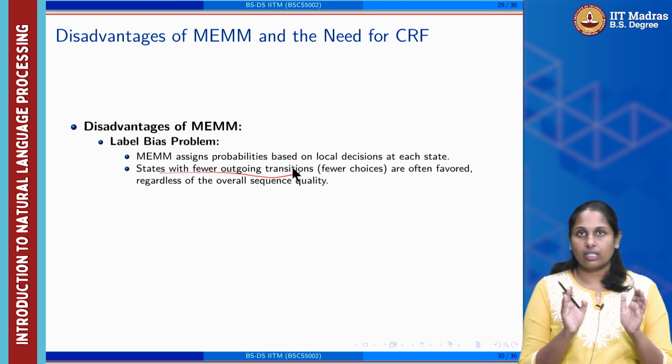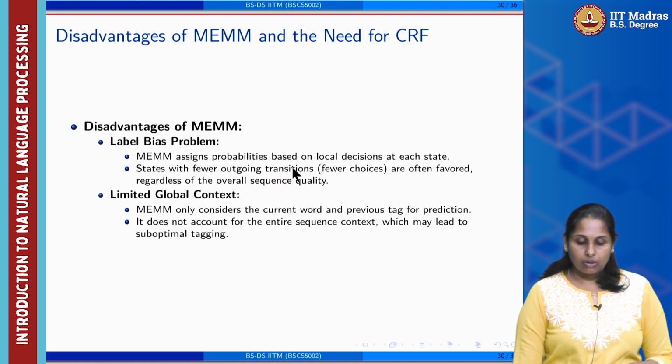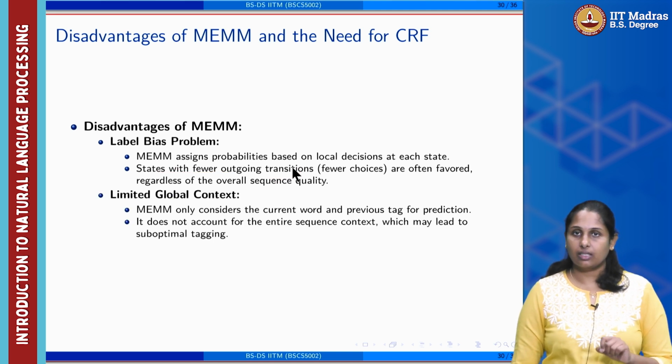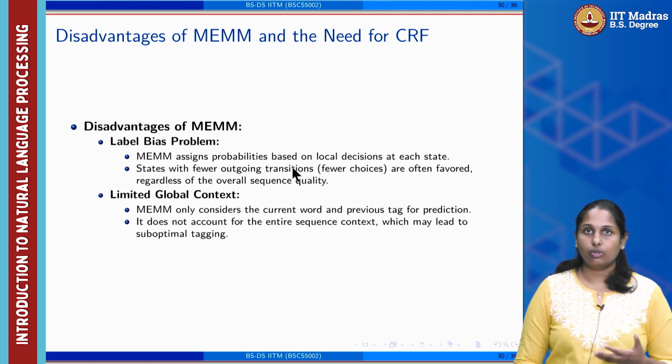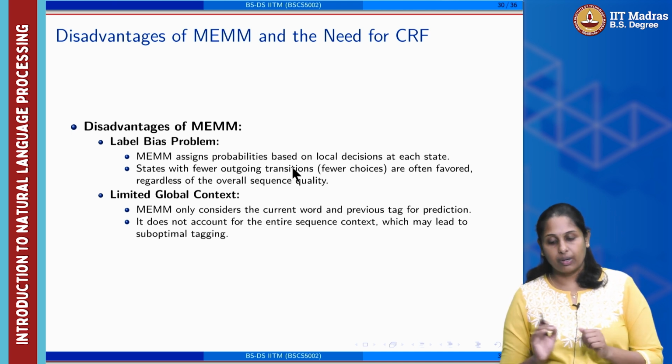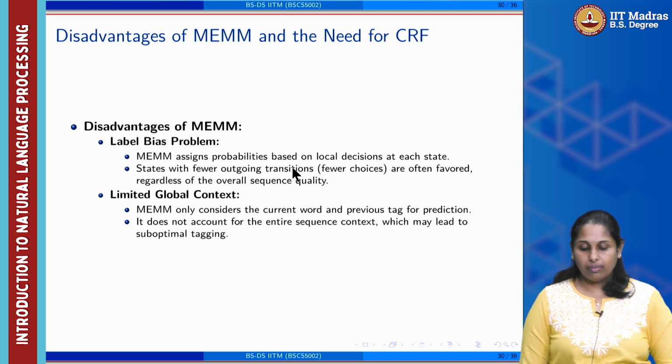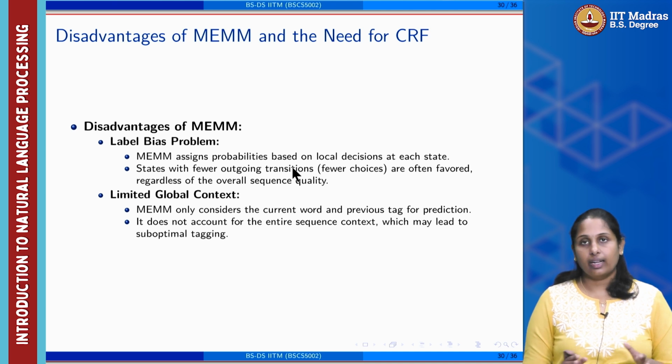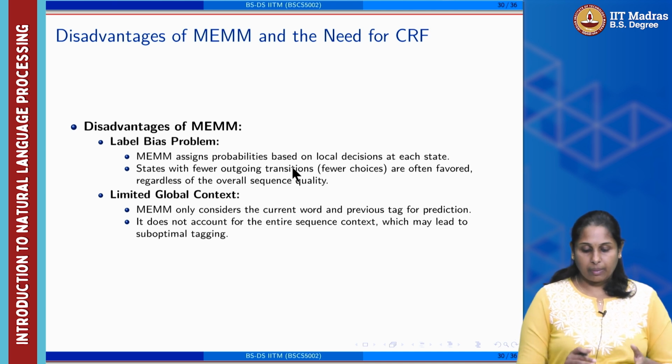So, again the context window is very less here. Now again, global context is not obtained through the MEMM kind of model. So, it considers only the current word and the previous tag. To overcome this, we may need another method, because MEMM does not account for the entire sequence context, so it may lead to suboptimal tagging.